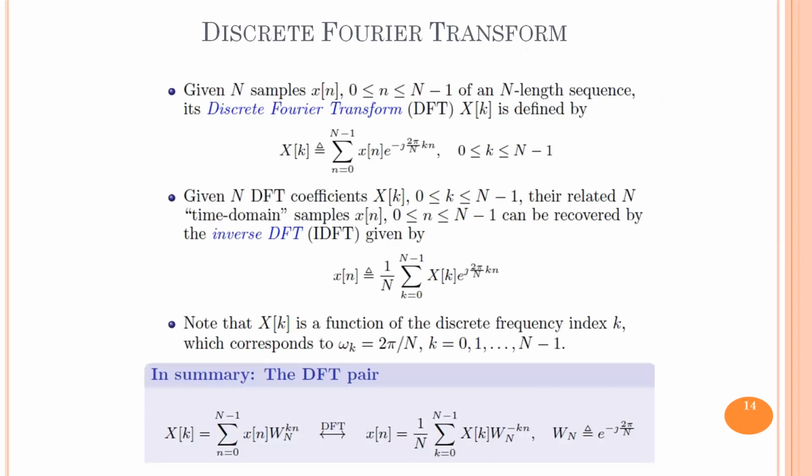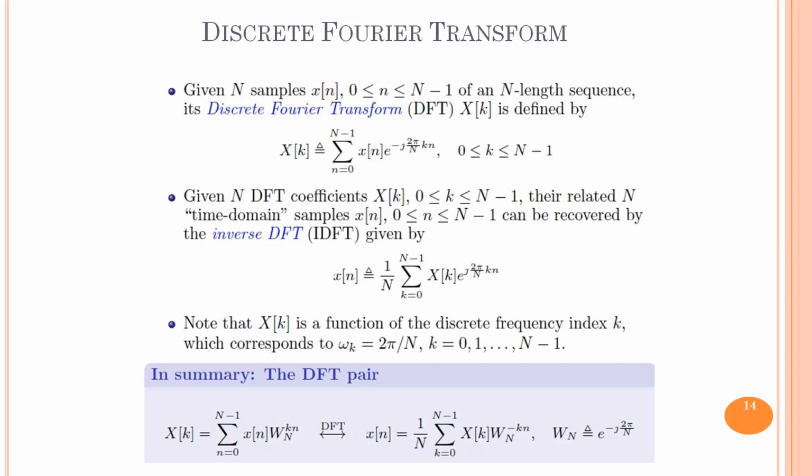I already told you the discrete Fourier transform is applicable only for finite duration signals. So we are taking only N samples of x(n), from 0 to N minus 1, where small n extends from 0 to capital N minus 1.